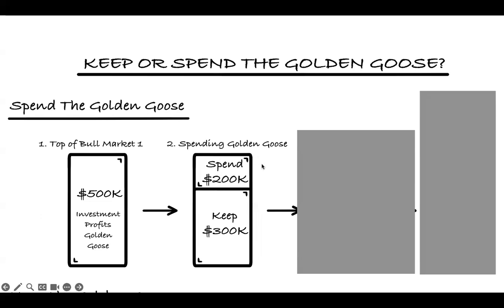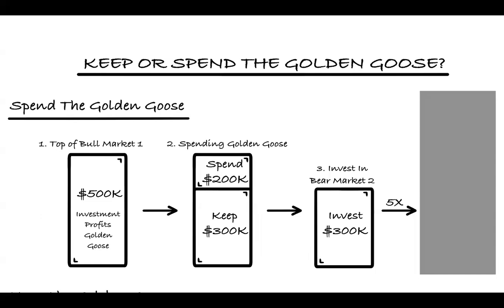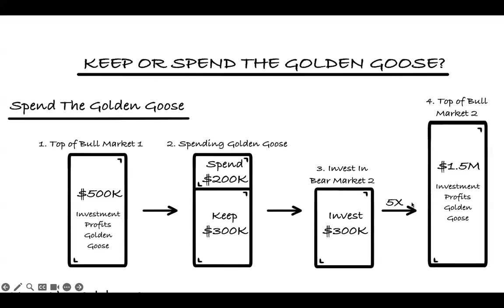Let's say we spent $200,000 of that, and we kept $300,000. Well, the investment in bear market two is then an investment of $300,000, and let's say we get a 5x gain from that. Well, then at the top of bull market number two, we go from $300,000 to $1.5 million, which is still fantastic, and that's awesome, amazing.